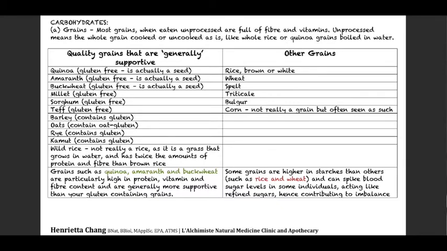But before we go into the depth of looking at those, I just want to cover a little bit around the grains in terms of what does it mean when we talk about grains. So grains, in this particular case, means a grain that hasn't been processed. It is the whole grain.